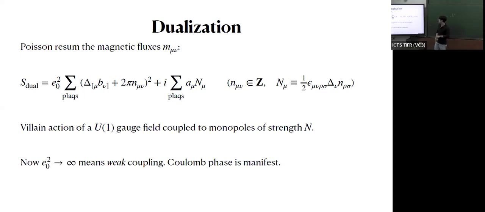I believe these Villain actions are quite nice, and it seems to be generically the case that if there's some mixed anomaly that you were expecting, it turns out to hold exactly in these Villain formulations.